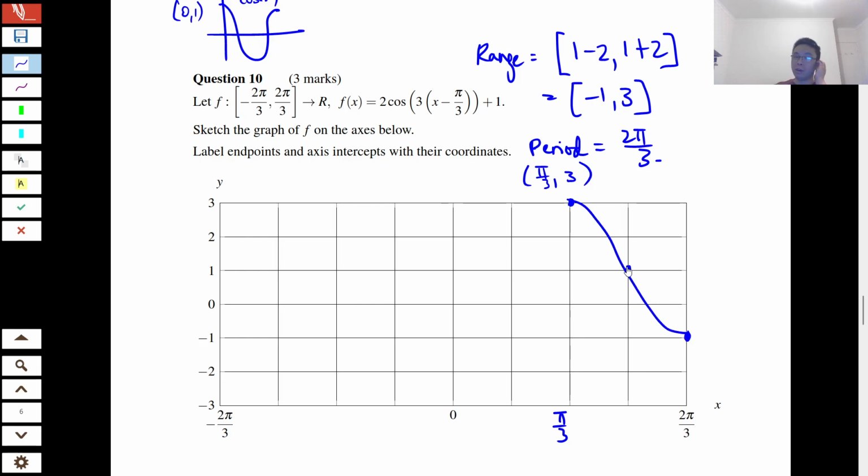The reason why I know I have a point here is because I will have a position at the mean value halfway between the minimum and the maximum. And similarly, I will get this happening. Okay, and now I can join the dots.